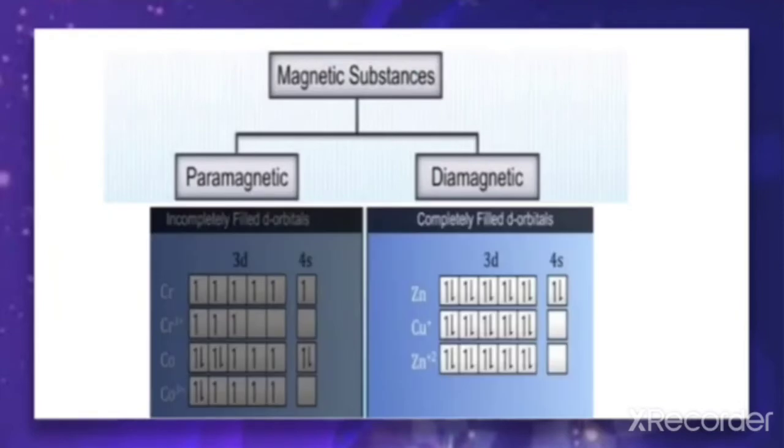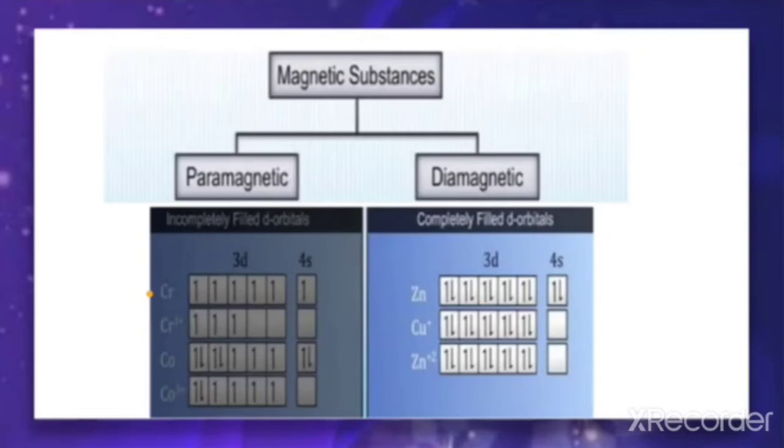The substances which have incompletely filled d orbitals show paramagnetic behavior, and the substances which have completely filled d orbitals show diamagnetic behavior. Let us take some examples. Chromium has the configuration 3d5 4s1.